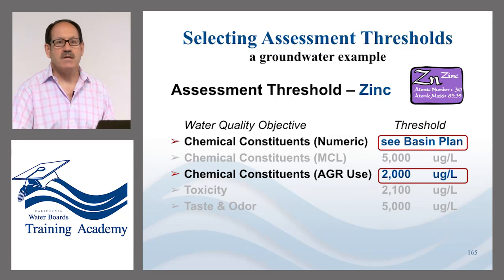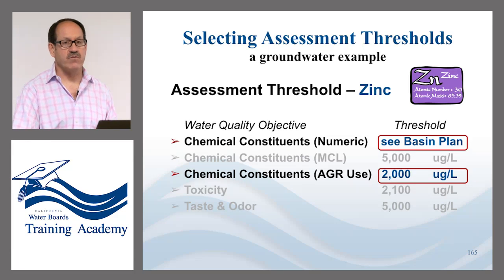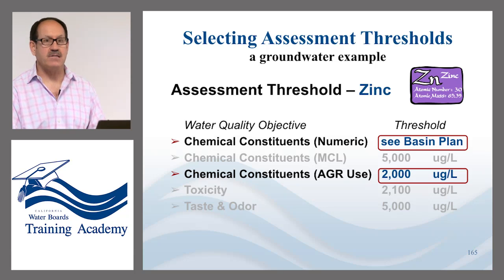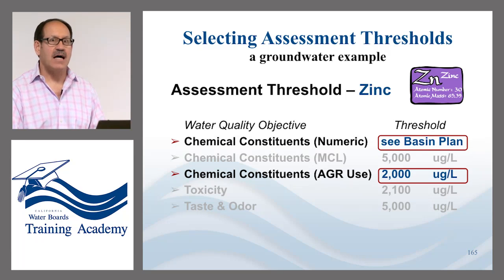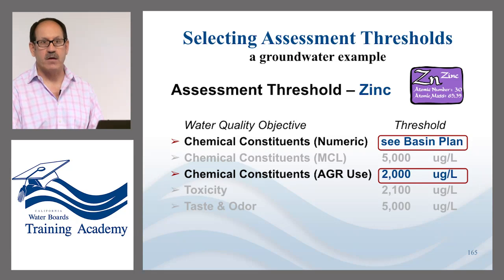So remember, the MCL and the public health goal are different. They do different things. Public health goal is a purely toxicity-based number. Okay. The MCL can consider other things. So for example, one of the things that the Division of Drinking Water has found in looking at TCE all around the state, there's a lot of polluted groundwater that's source water to a number of municipal drinking water supplies, and there would be a cost associated with removing the TCE in supplying that drinking water to customers.